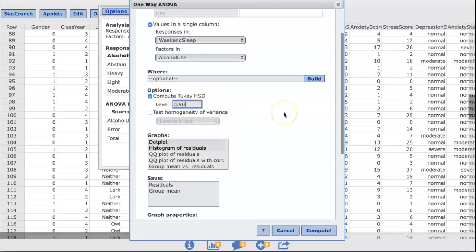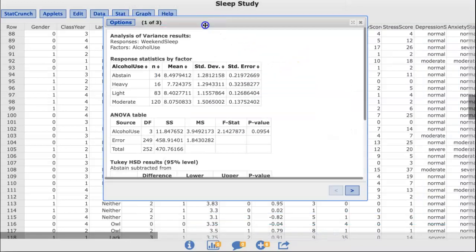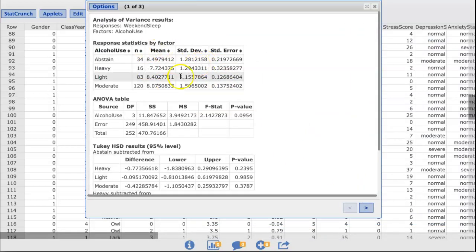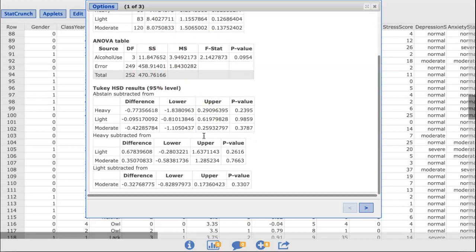We could use any one. Maybe I'll show you a different one, 95%. If I just hit this here, there we go. What it's going to give me automatically is what I had before, my summary stats and my ANOVA table results, and then it's going to go ahead and give me the Tukey results.